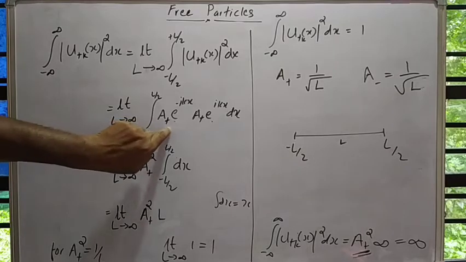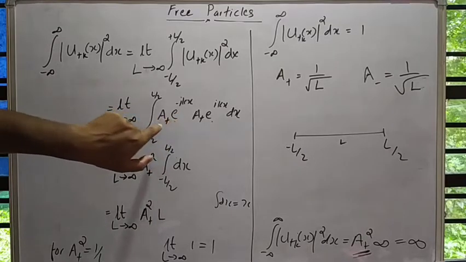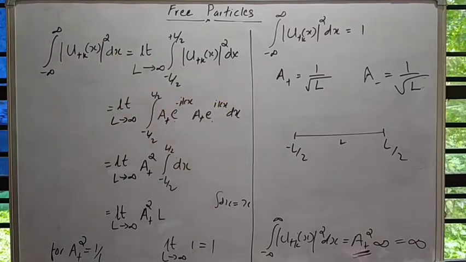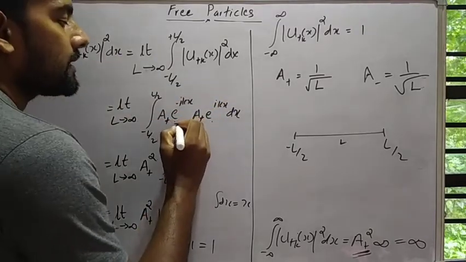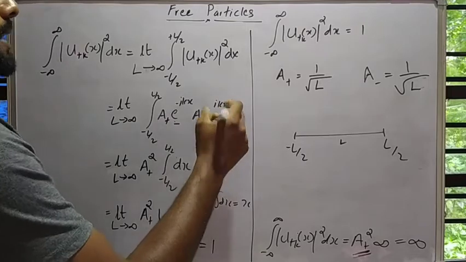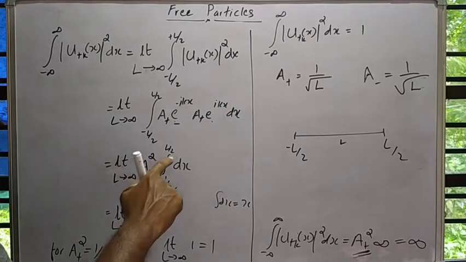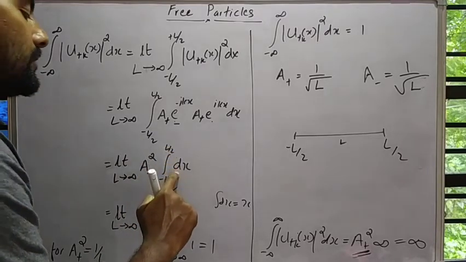Our wave function is such that u star is A plus e raised to minus ikx, and u is A plus e raised to plus ikx, and the multiplication of e raised to minus ikx and e raised to ikx will provide 1. This is equal to the limit as L tends to infinity of A plus square times the integral from minus L by 2 to plus L by 2 of 1 dx.